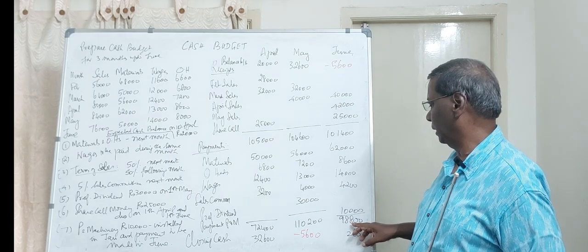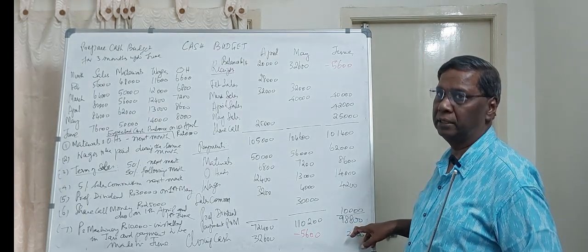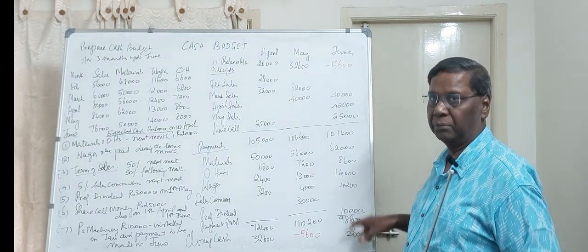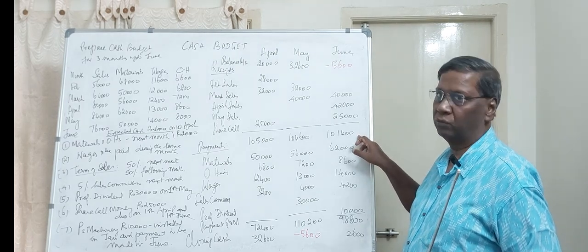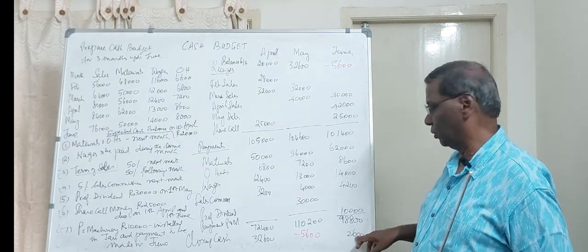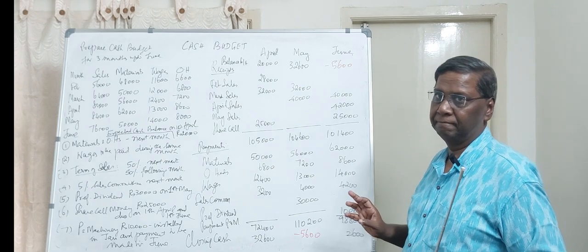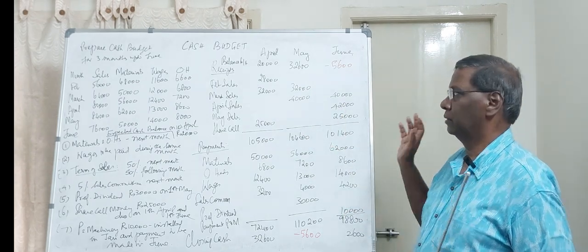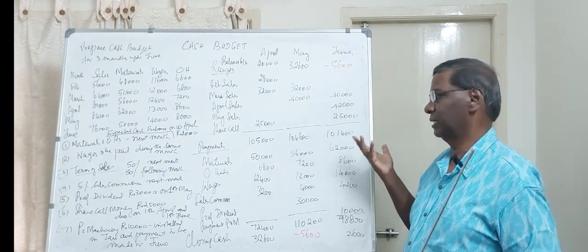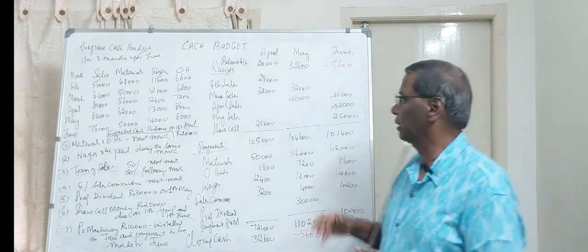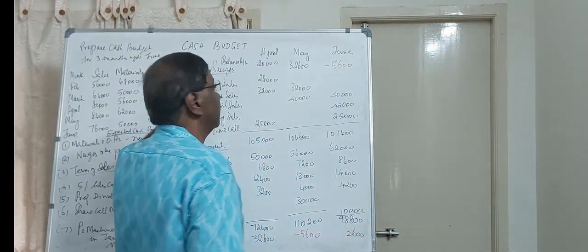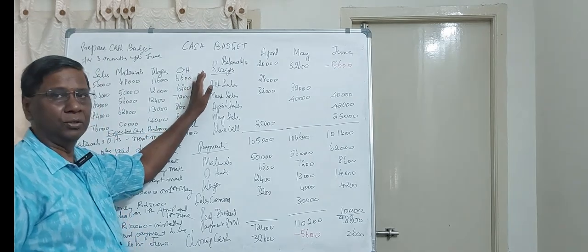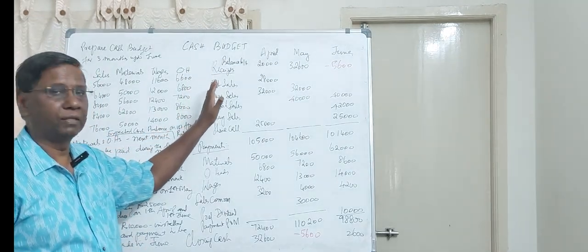So the total payment is 98,800. Receipt is 1,01,400. So what is the surplus? 2,600 surplus. This is how we have to jot it out, and this is called the receipt and payment method. There is no problem in this. You can easily work it out and find the balance. There is no hard and fast rule.